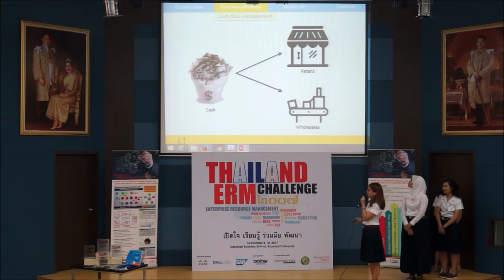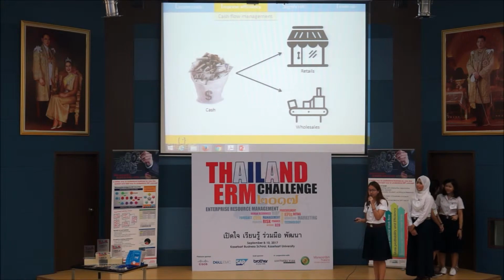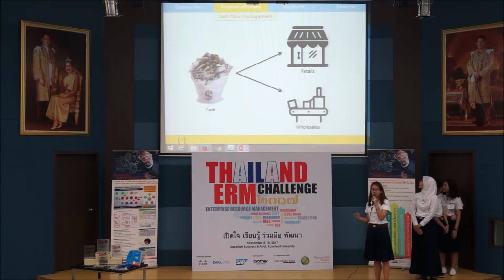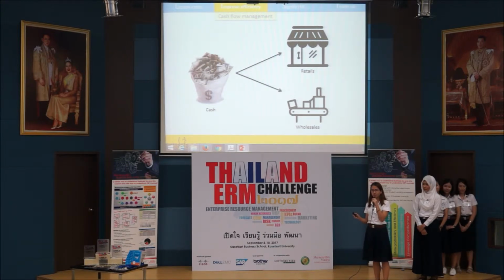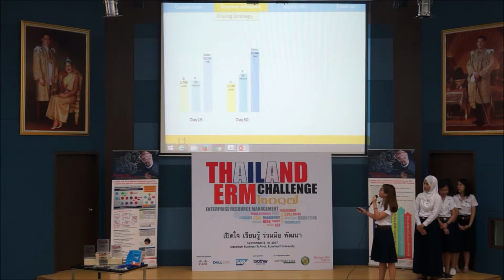Another thing we can do to improve efficiency is to improve our pricing strategy. As we all know, normally when the price is increased, the quantity usually drops as a result of demand and supply. As you can see from the bar chart, at first we raised the price from 30 baht to 31 baht, and our quantity sold dropped from 1,790 to 1,740.